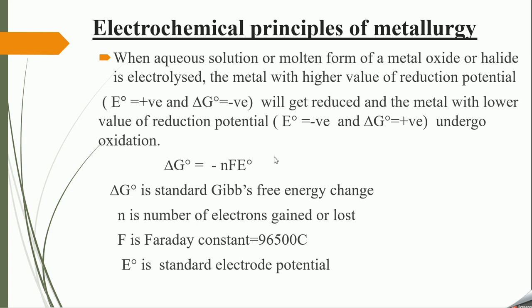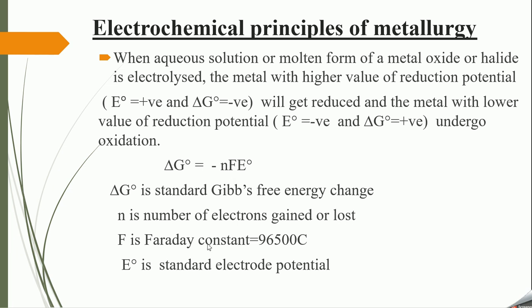Here, extraction of metal is done by electrolysis. That is explained by the equation delta G naught is equal to minus nFE naught. What is delta G naught? It is the standard Gibbs free energy change. What is n? n is the number of electrons gained or lost.